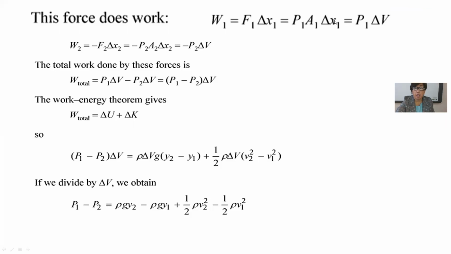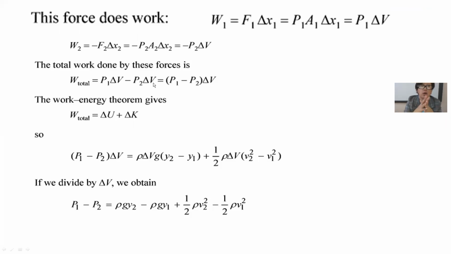Replacing area multiplied by delta x with delta V, the first work is positive, but the second work is negative, because its direction is opposite to the first direction. So the final formula has minus P2 multiplied by delta V.